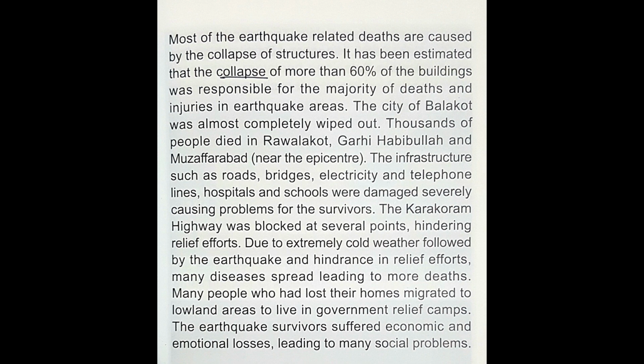They had to live on the aid of the government, so they suffered badly from the earthquake. They lost their lives, their homes as well as their property. They had to move from their homes and their places.